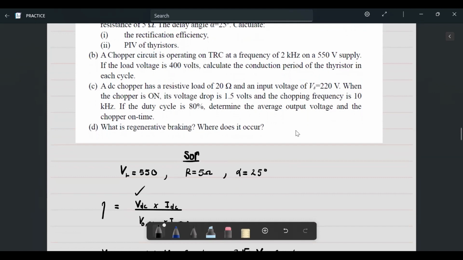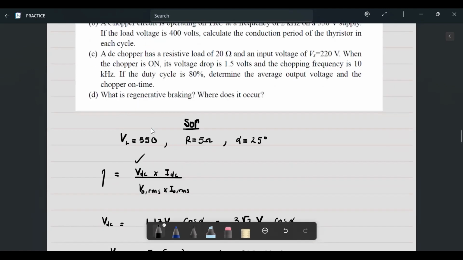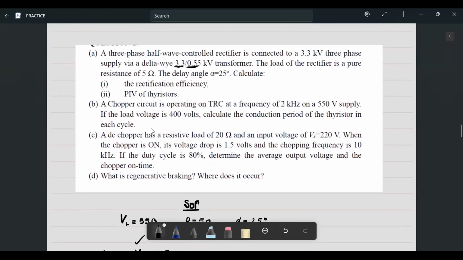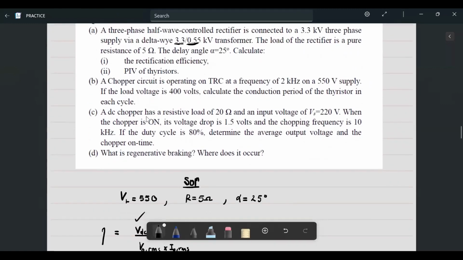Okay, so here we have two questions. We have to find the output voltage, which is VO, and also the time when the signal was on. From there, we're going to conclude whether this chopper is a step up or step down.